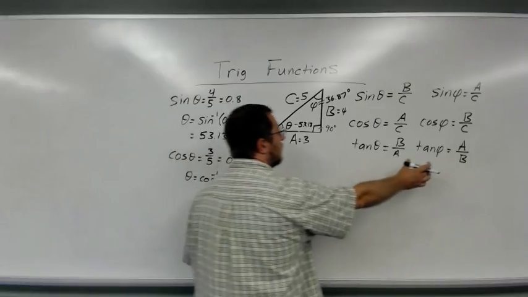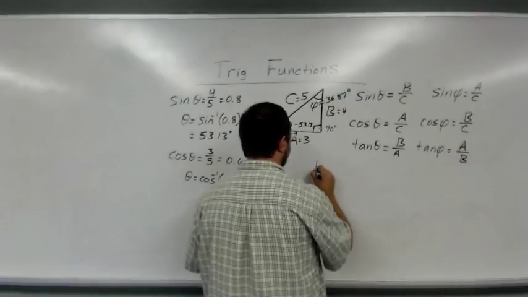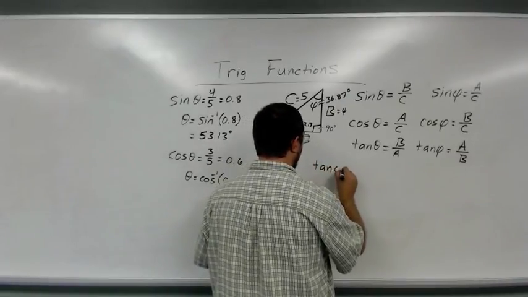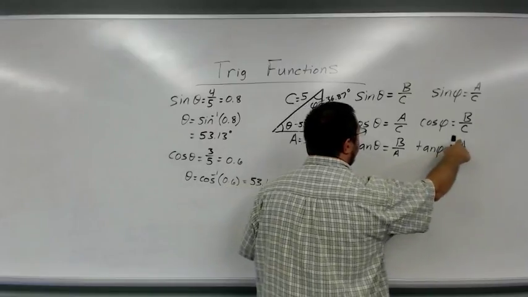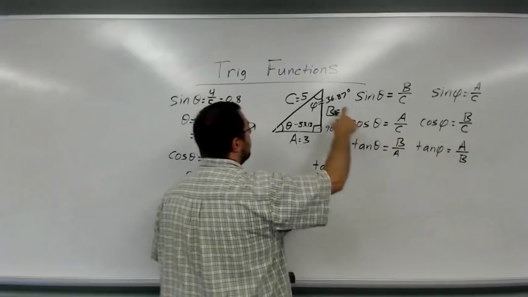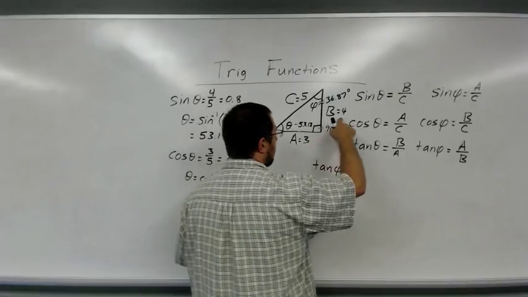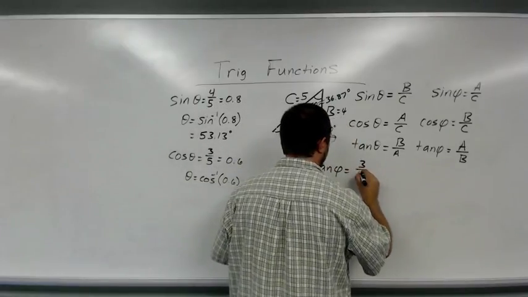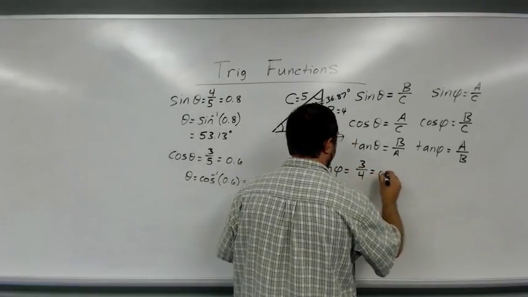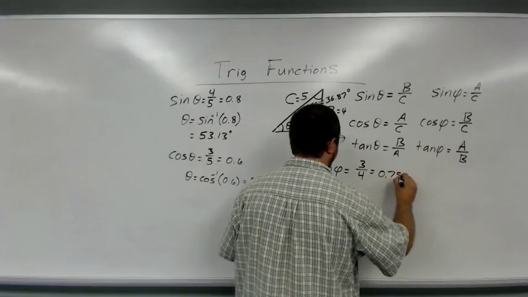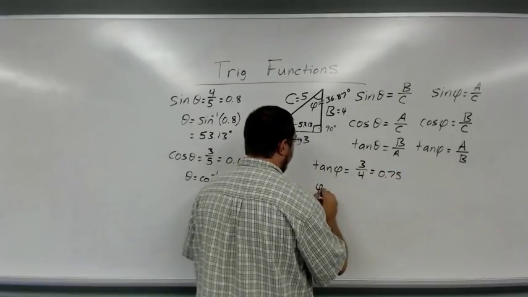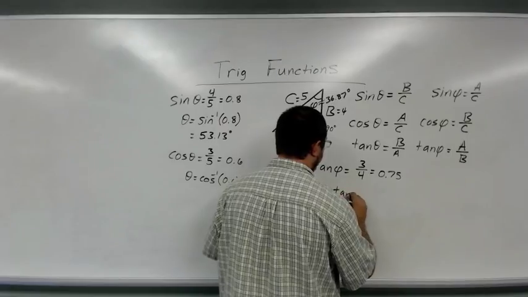Now let's find the angle phi with the tangent function. Tangent phi is going to be a over b. Tangent phi is going to be 3 over 4, or 0.75. So to find the angle phi, I apply the inverse tangent function.